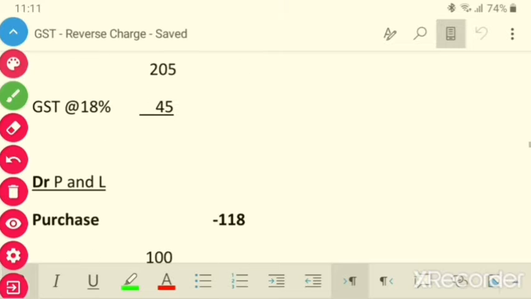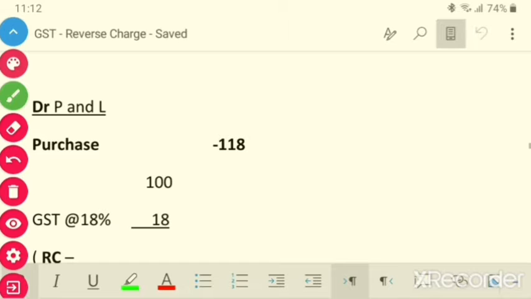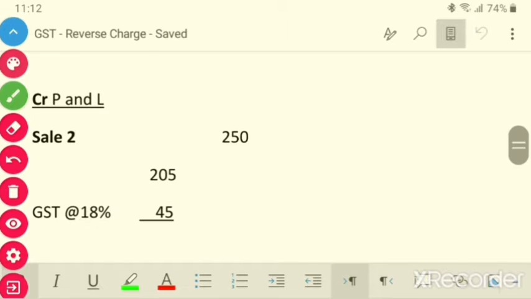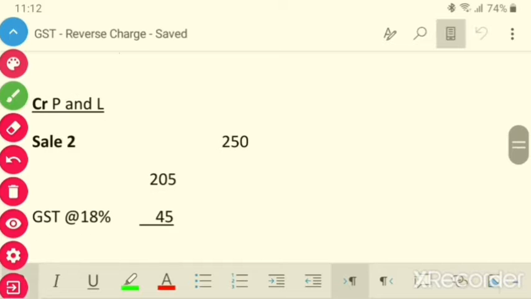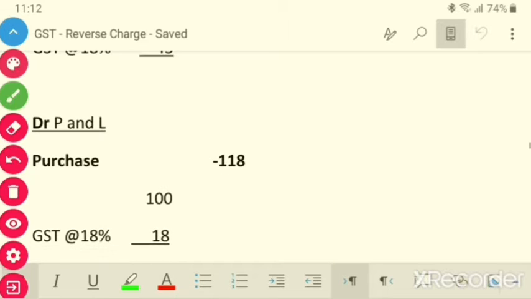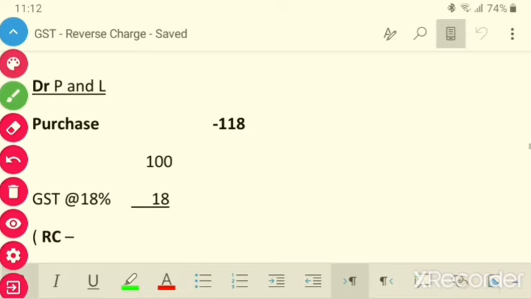Now, let us look into the debit side or expenses in the income statement or profit and loss statement. Now, purchases. In this case 2 also, seller 2 has purchased from seller 1, that is stage 1 seller, at 118 or 100.